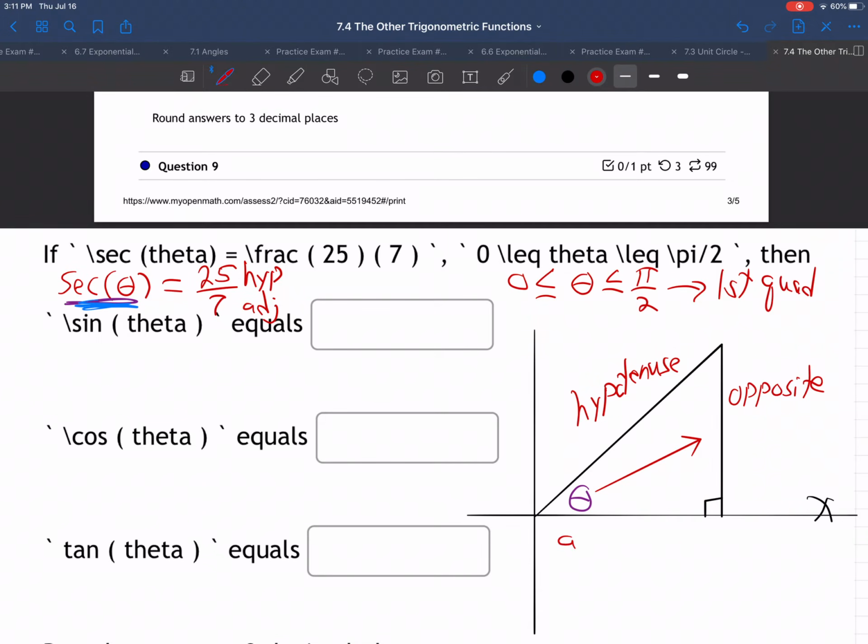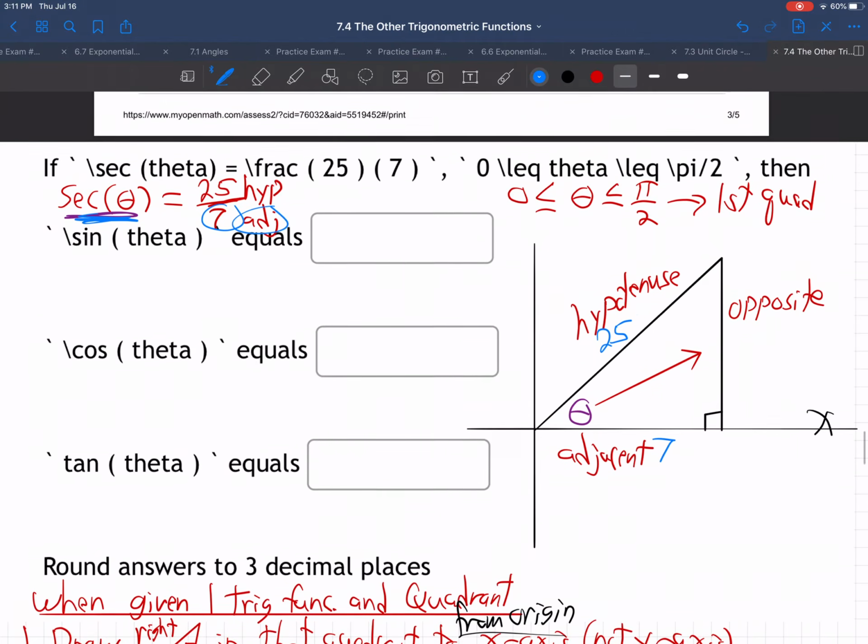And therefore, this must be the adjacent side. Adjacent just means next to it. This is the side right next to theta. See, it's touching theta. Adjacent, like your neighbor lives adjacent to you, next to you. All right, so with that in mind, the hypotenuse must be 25. The adjacent is 7.